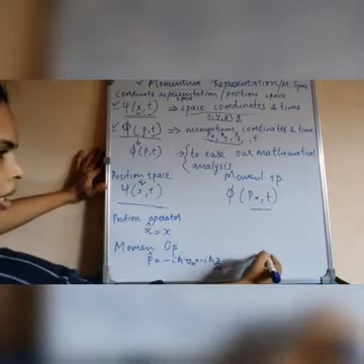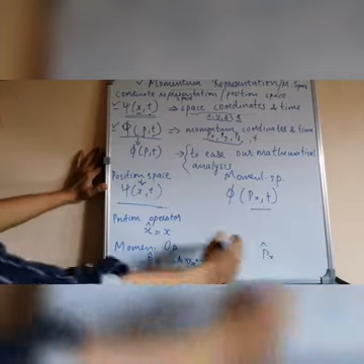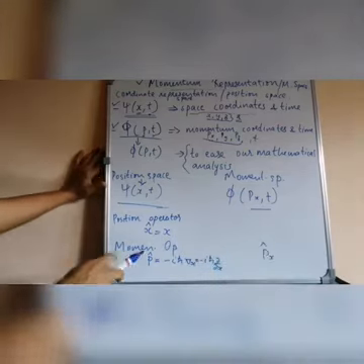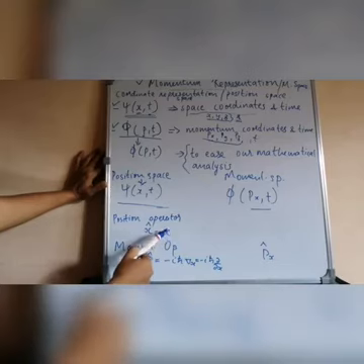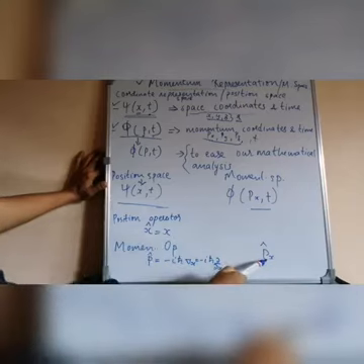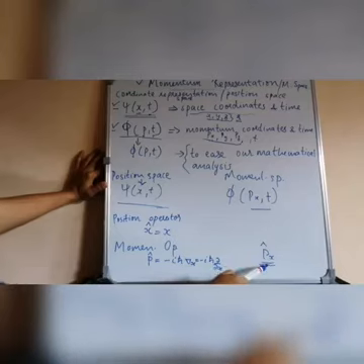Momentum operator can be written as px itself. Like we use position operator x in position space, we have momentum operator in momentum space represented as px itself, because we are dealing with momentum space.